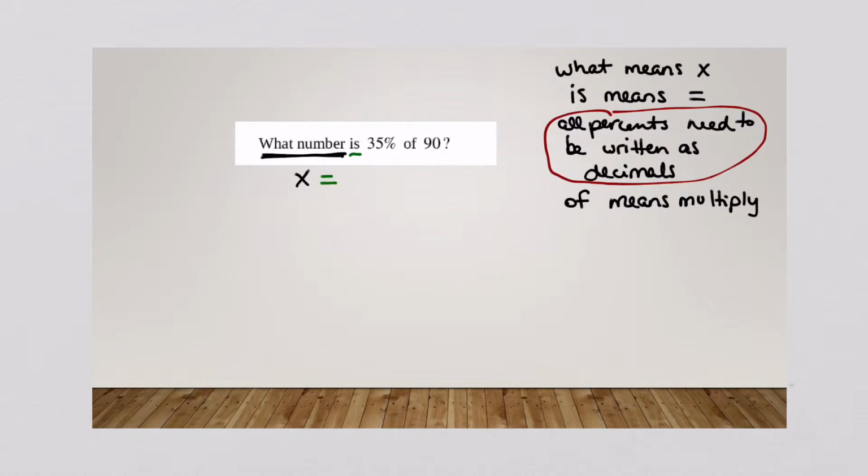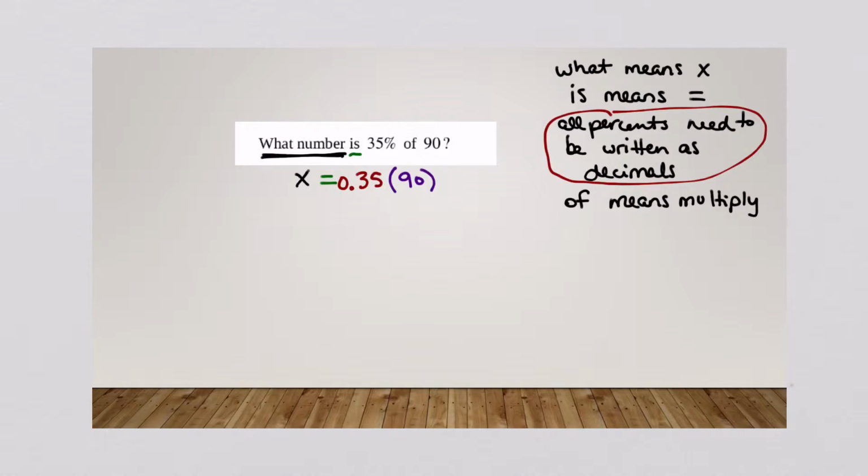So I'm going to write that as 0.35. Of means multiply. Now I'm going to use multiplication with a parenthesis instead of using a dot or an X. So I'm going to write it like this, of 90.